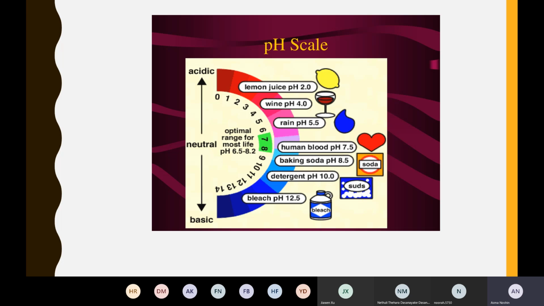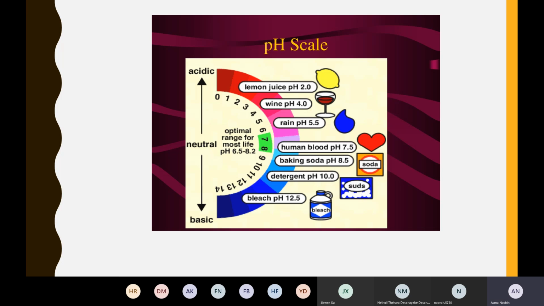Okay, so now we are moving on to bases. Remember, if you move above 7, from 7.1 till 10, they will be considered weak bases or weak alkalis.